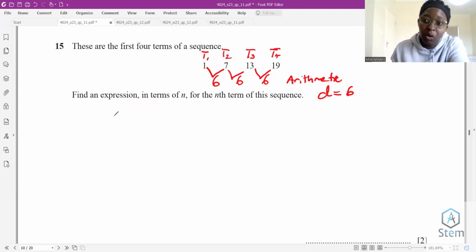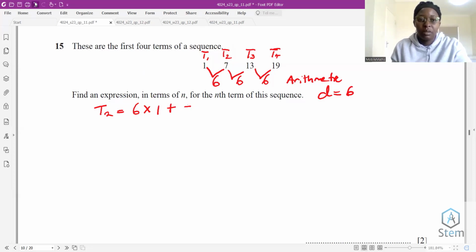Using the common difference 6, to get term number 2, we are saying 6 times 1 plus 1, we get 7.